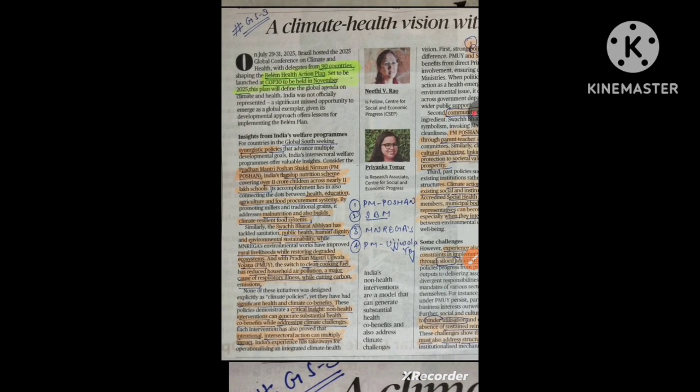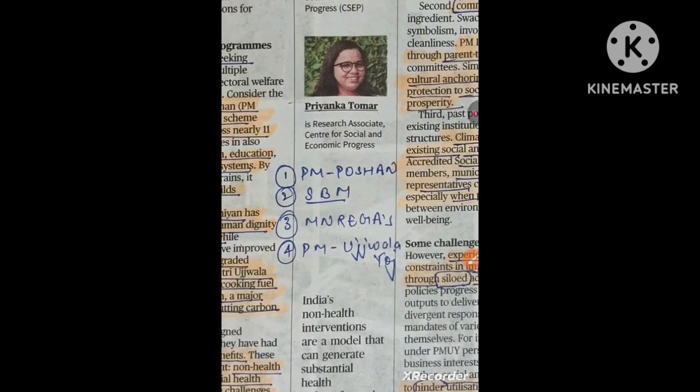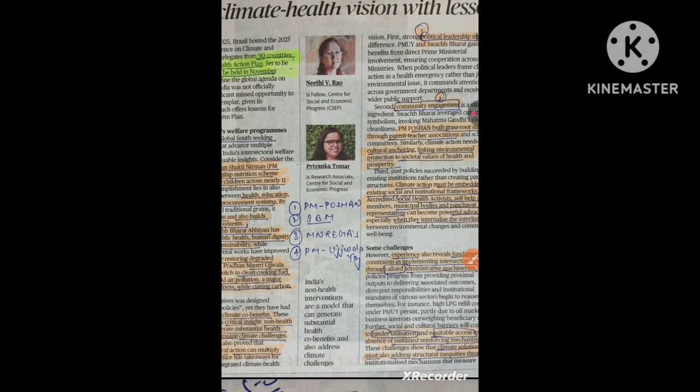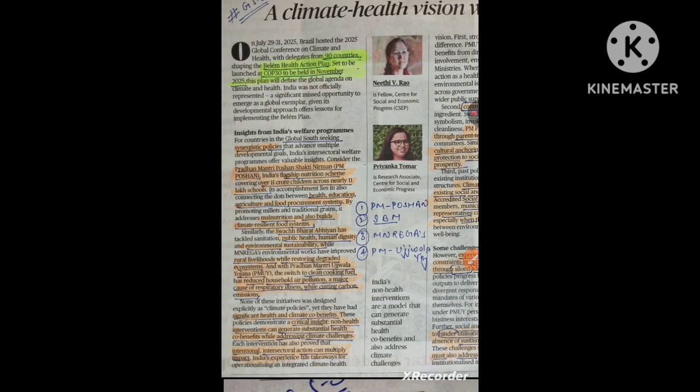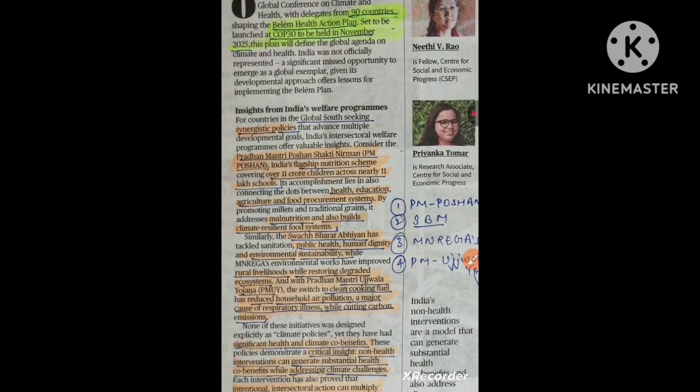This article is about how schemes like PM Poshan, Swachh Bharat Abhiyan, MGNREGA and PM Ujjwala are directly helping us fight climate change. Right. So you can pause the video and see what I have highlighted.